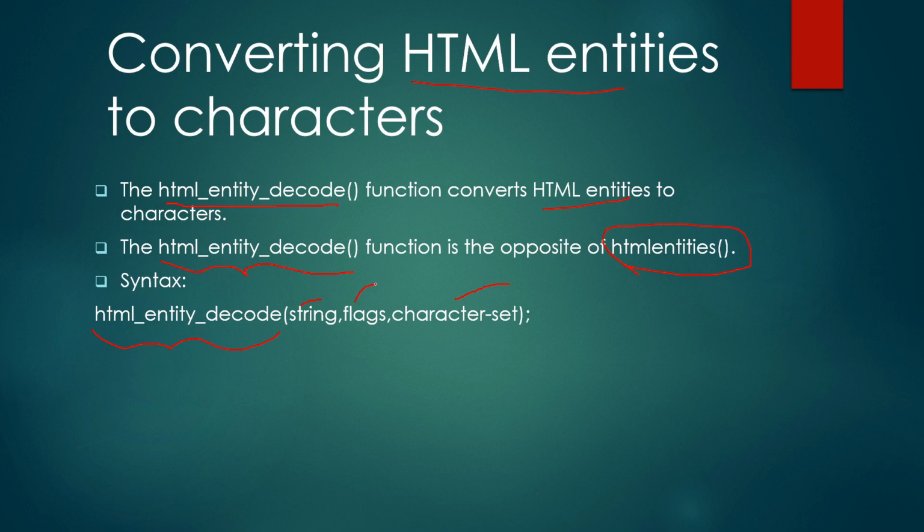Mainly we use three types of flags, and I will be explaining the flags during the example. And then we have the character set, which is optional, meaning which character set you want to use to convert the string. Usually, the majority of the times we use UTF-8.